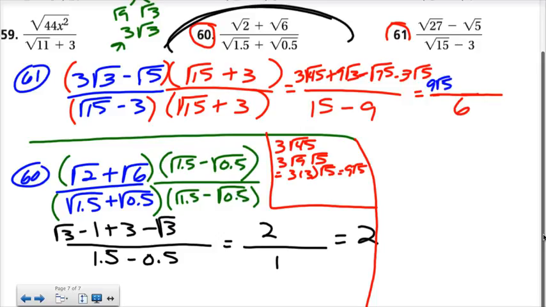All right, so we've got 9 square roots of 5 plus 9 square roots of 3, and then we have to go after that square root of 75. And the square root of 75 is the square root of 25 times the square root of 3, which is 5 square roots of 3. So minus 5 square roots of 3, at least we have 2 like terms there that we can deal with.